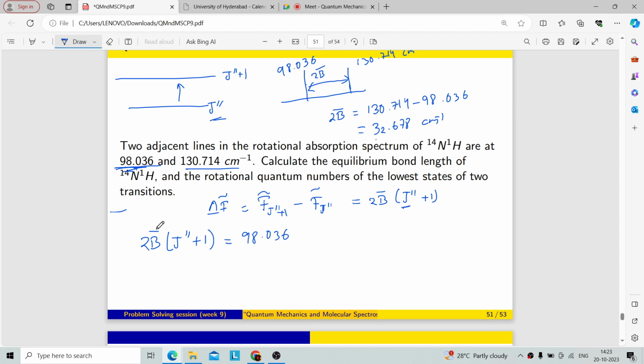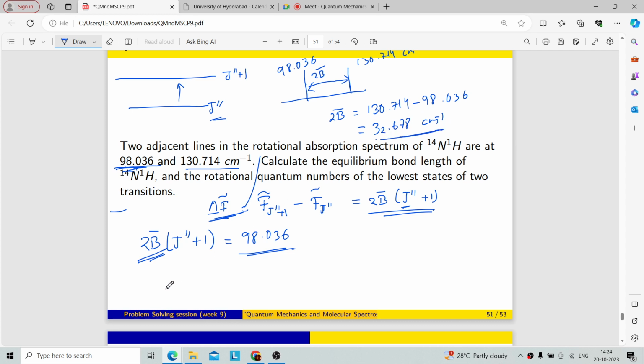Each line comes from some transition from J double prime to J double prime plus 1, so this will be equal to 98.036, and we know the 2B bar value.